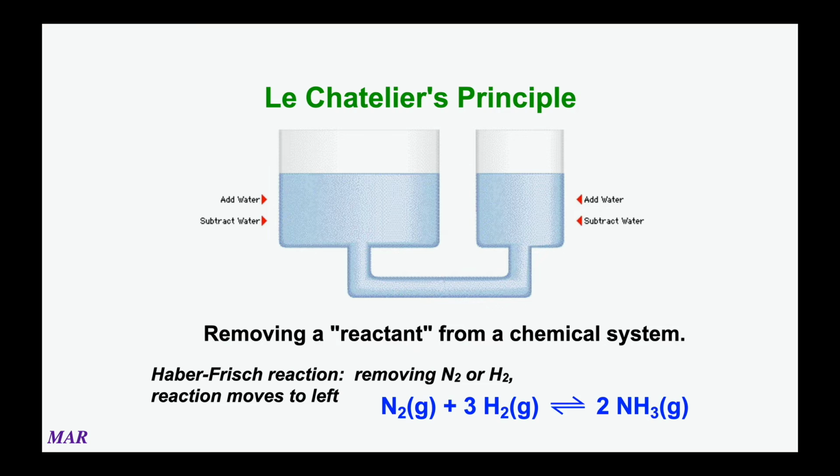So if we decided to remove N2 or decided to remove H2, a lot of the NH3 will break down and become H2 and N2 to fill it in. So removing a reactant, we have a shift to the reactant side, a shift to the left. If you remove something, the reaction shifts to the side you remove from. And that's kind of a neat thing. Equilibrium is still maintained, you're just having less product, more reactant to compensate for the reactant you removed.